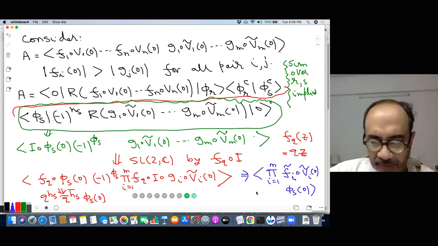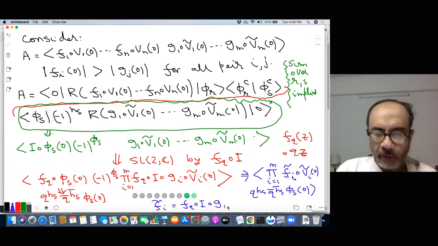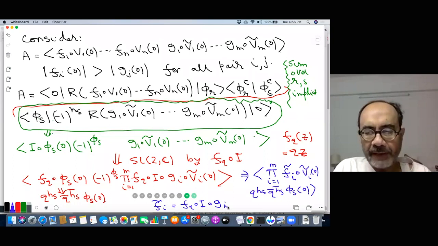And then you have this Q to the HS, Q bar to the HS bar. And what is F tilde I? It should be clear from the definition. F tilde I is just FQ dot I dot GI. So there is some simple manipulation involving SL2C transformation to bring this into this form.